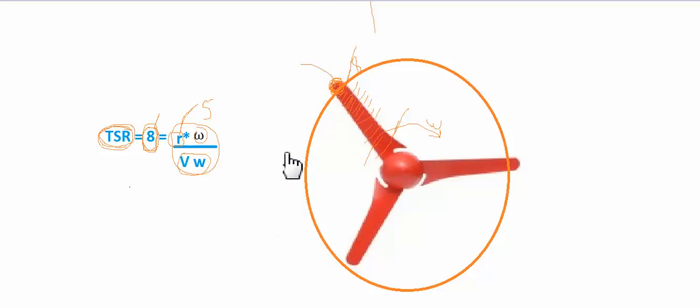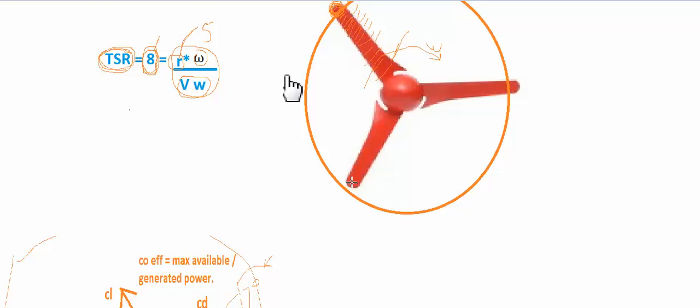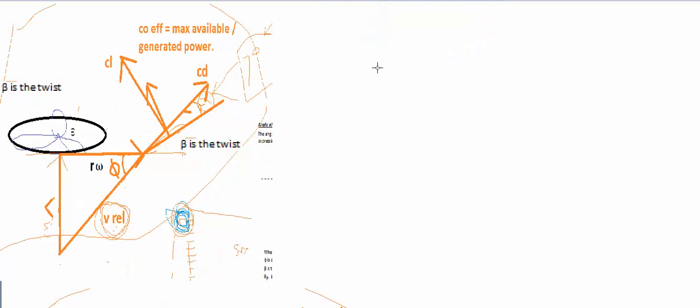Now please observe this very carefully. Just see how the twist angle changes as the radius r, the distance from the center of rotation, that means the distance from this axis, increases, how the twist changes and why it changes.